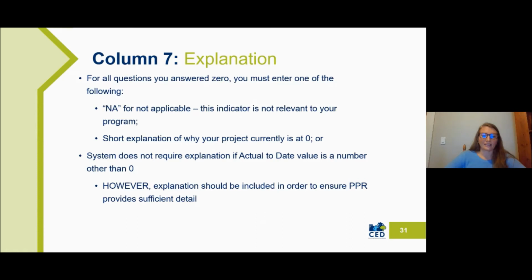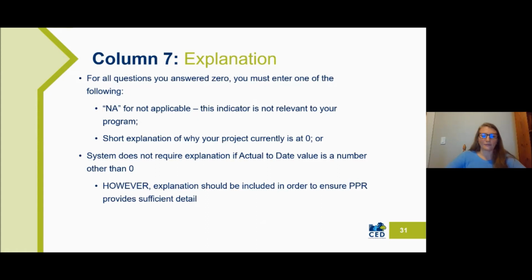The last column of Form A, the explanation field, is there to allow you to briefly explain any of your answers, so any of the data that you put into an indicator, to just give it some more context. These explanations should be kept brief because Form B, that we'll talk about next, is where you can provide longer, more narrative explanations.